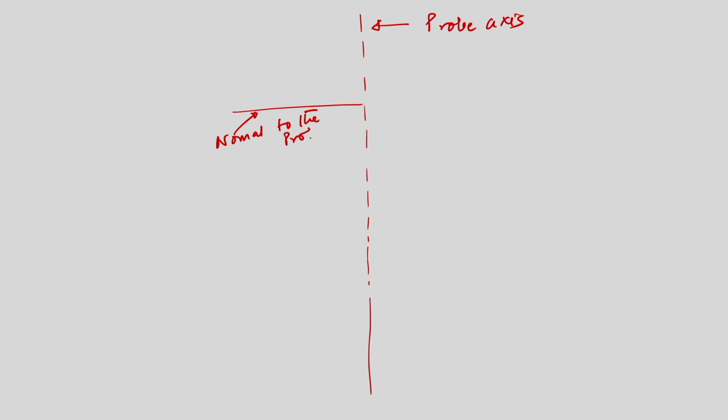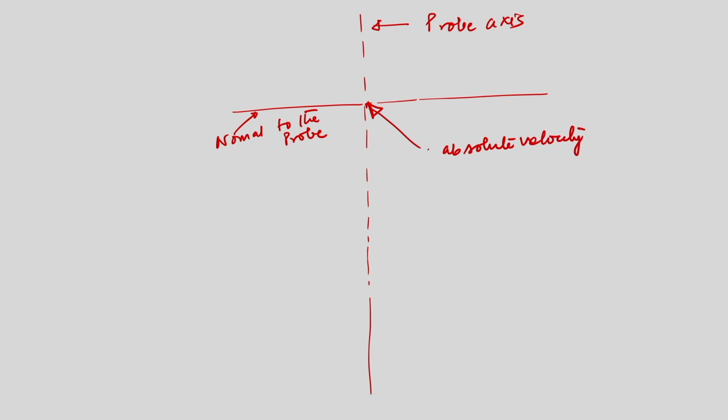Say this is the probe axis, and this is normal to the probe, and this is C, the absolute velocity.